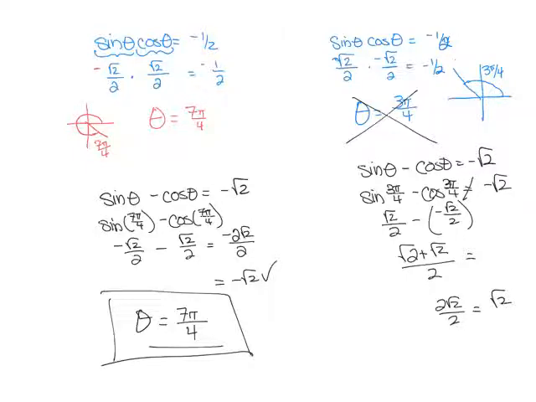But we can also solve this equation, sine theta minus cosine theta equals negative square root of 2, by using an identity.